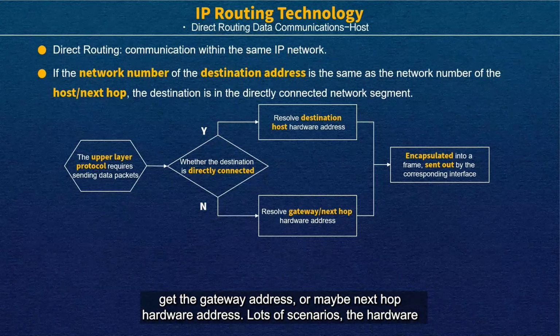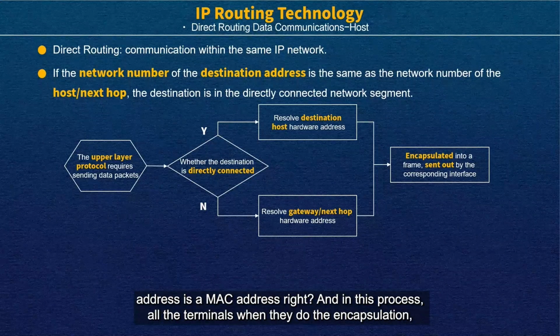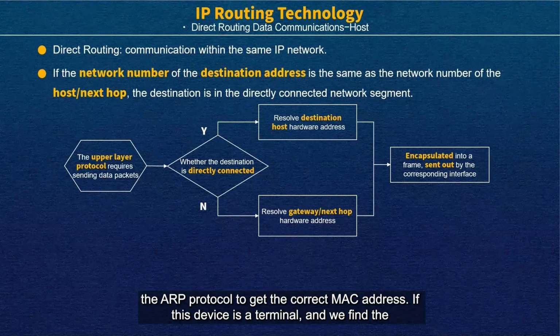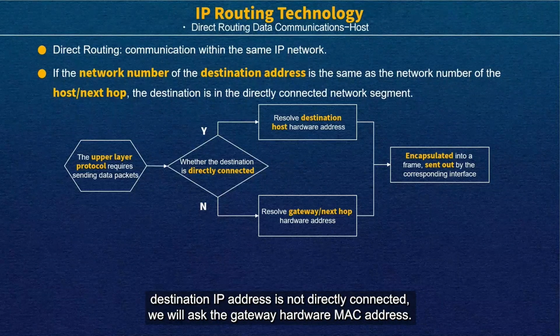In both scenarios, the hardware address is a MAC address, right? In this process, when all the terminals do the encapsulation, adding the source and destination MAC address, they will have this judgment and use the ARP protocol to get the correct MAC address. If this device is a terminal, and we find that the destination IP address is not directly connected, we want to ask for the gateway hardware MAC address.